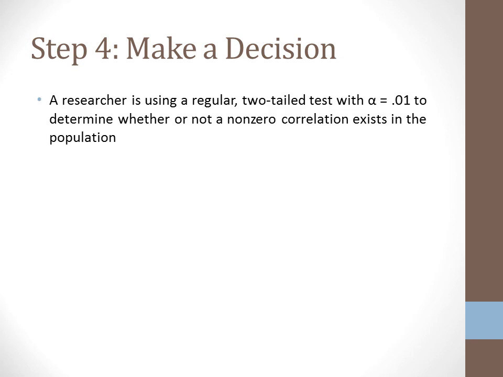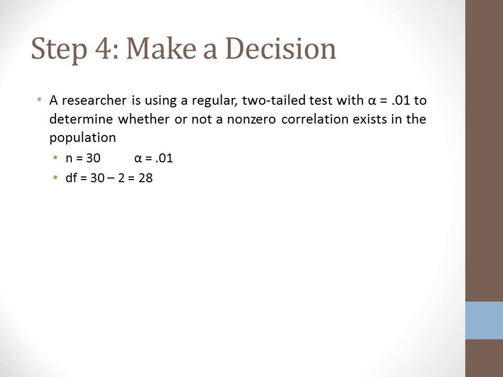A researcher is using a regular two-tailed test with an alpha of 0.01 to determine whether a non-zero correlation exists in the population. We have a sample of n individuals, and we have an alpha level set to 0.01. And so we just need to use the table to find the corresponding critical value.